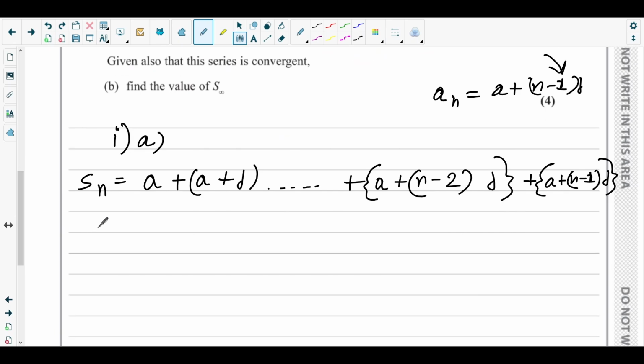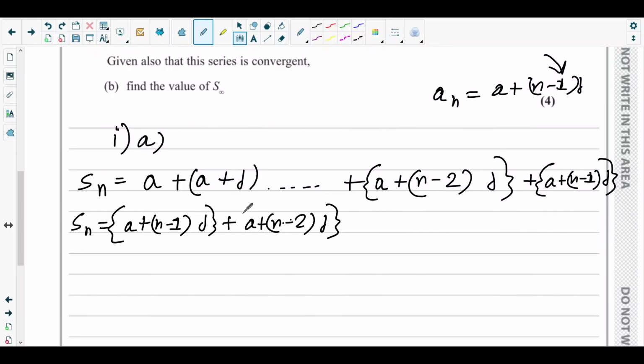Now what we will do is consider the same summation but in the opposite way. So in the opposite way, it would be A plus n minus 1 times D first. The second term would be A plus n minus 2 times D. Okay, so it keeps going like this.